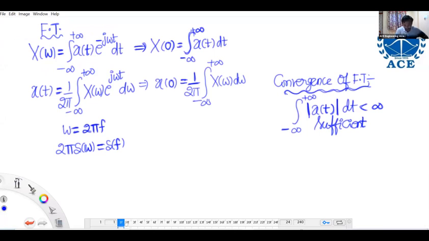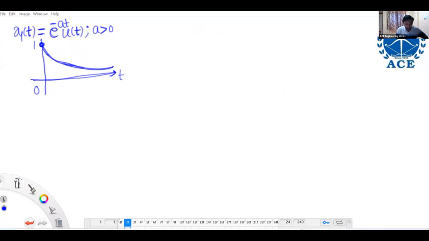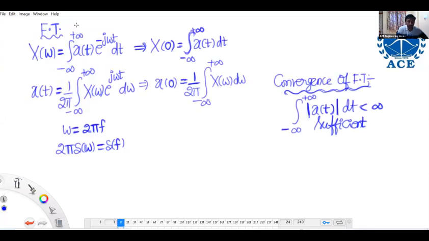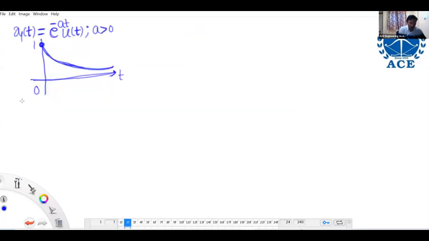Okay. So when you try to take decaying exponential, which is there for a positive time, what is the range of integration? 0 to infinity. Integral 0 to infinity e power minus at multiplied by e power minus j omega t dt.